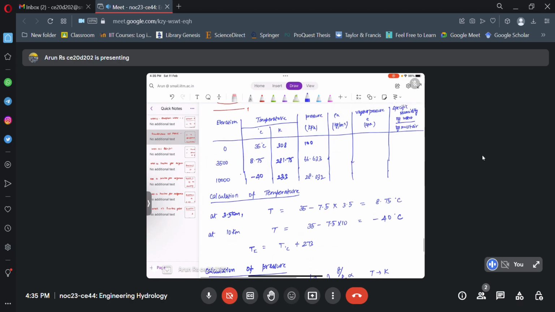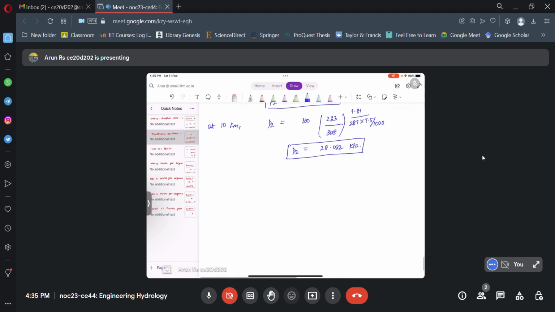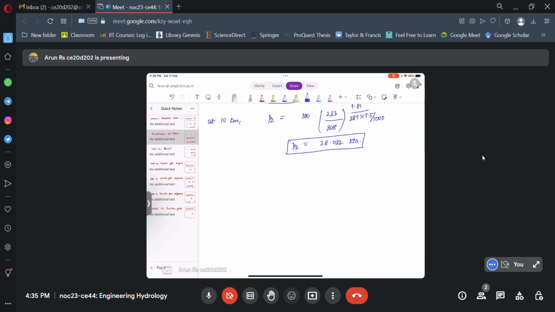Next we need to determine the density of dry air. To determine the density of dry air, we have the expression pressure divided by Ra into T. So at 0 kilometer, which is the ground elevation, we have pressure 100 kilopascals into temperature in Kelvin is 308.